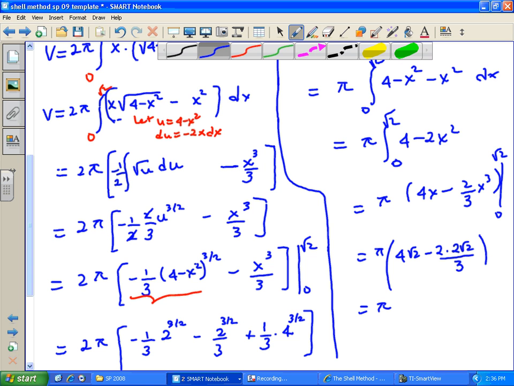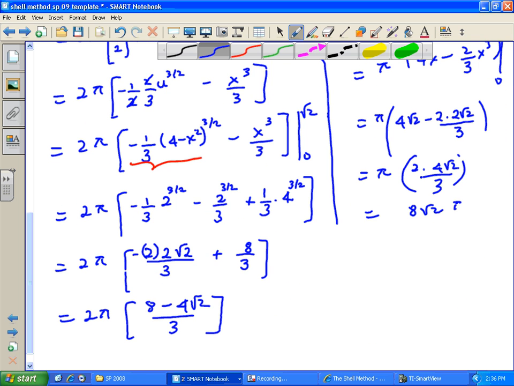So it's going to be 2 times 4 radical 2 over 3. Again, you can simplify it a number of ways, but your final answer should be 8 root 2 times pi over 3. That's if the rotation is around the x-axis.